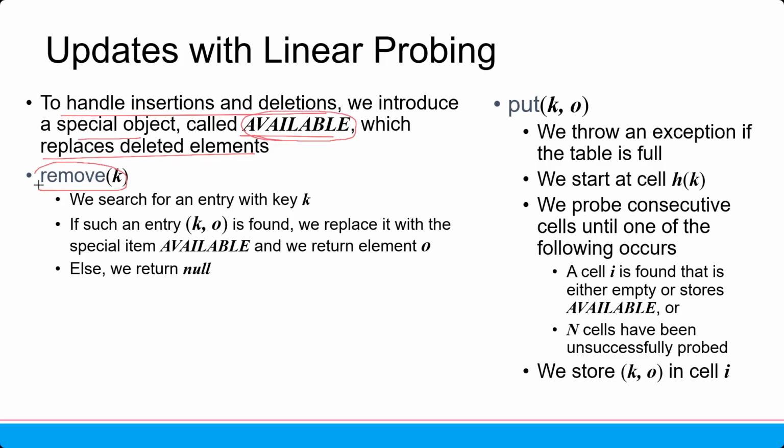So remove means first we search for the entry, and if the entry (k, o) is found at index k, then we replace it with the special item available and we return the element o. Else we return null, or not valid.